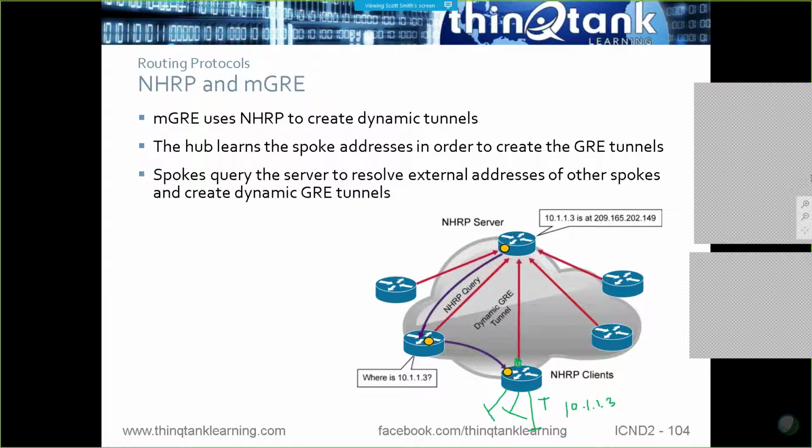When this router boots up, it sends an NHRP message to the hub and it registers to the hub. A tunnel gets created between this router and the hub, which then allows these routes, network X, network Y, and network Z, to be advertised to the hub with a next hop of the tunnel interface, not the physical interface. Follow what I'm saying?